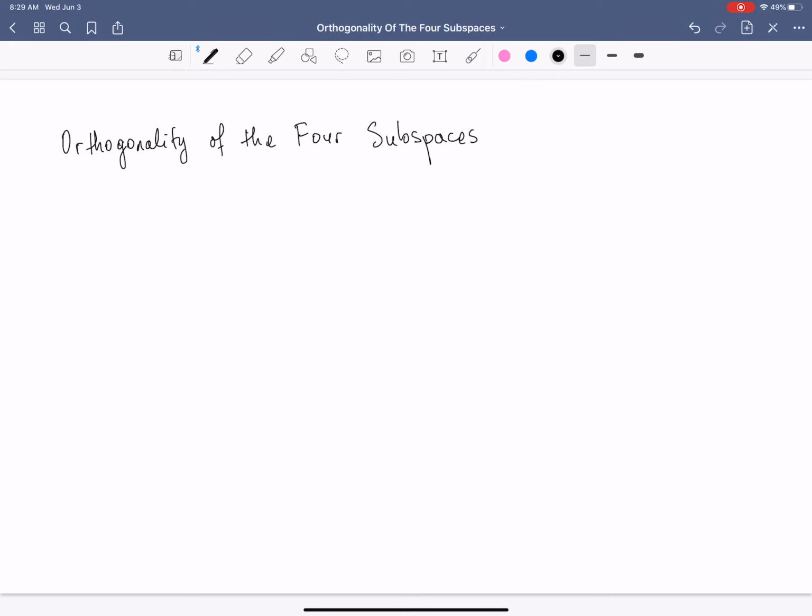So here's a definition of orthogonal subspaces. Let's have two subspaces.